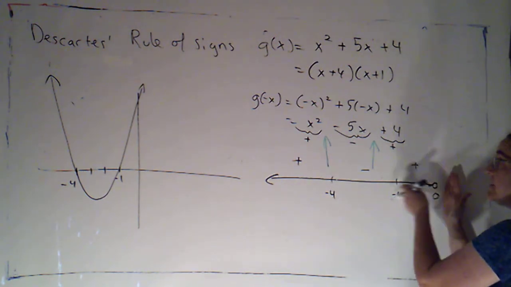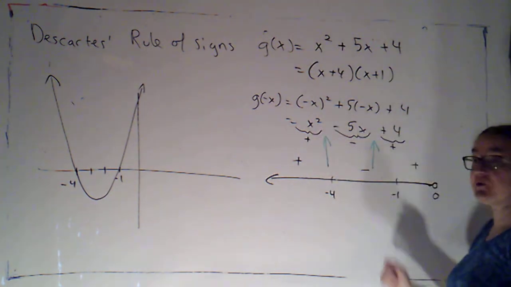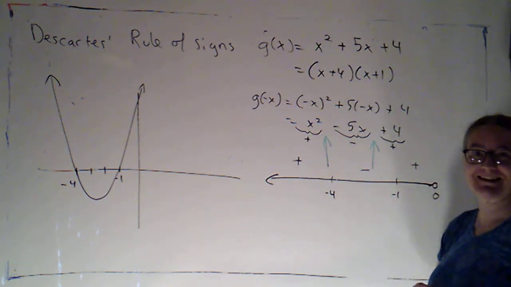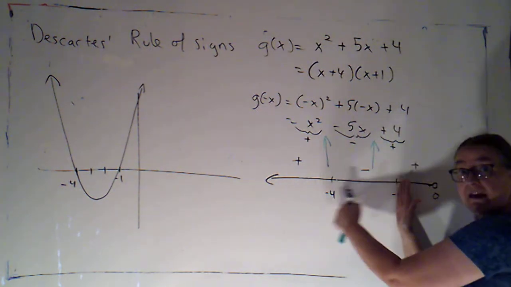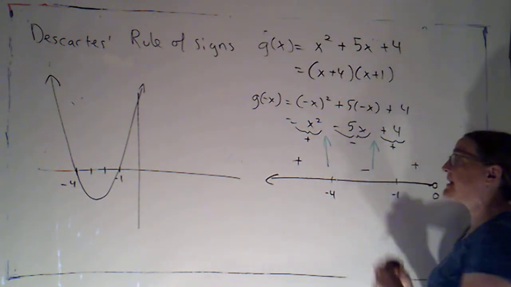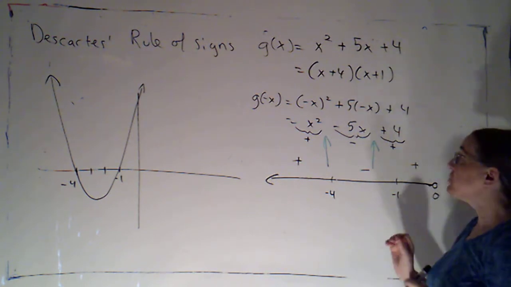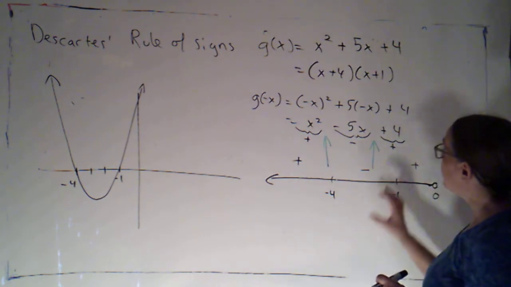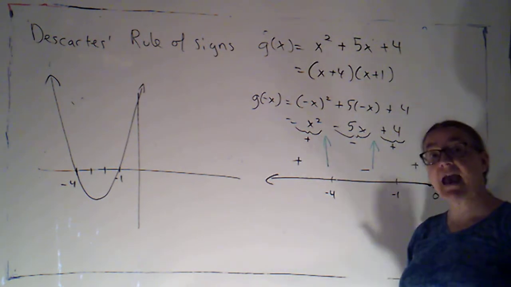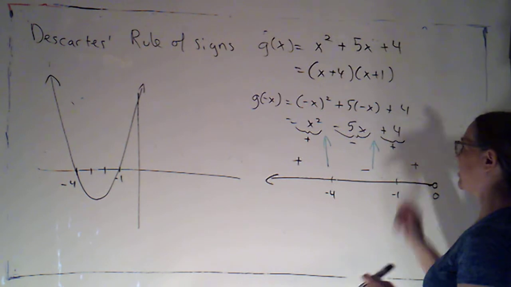I know really close to 0, these guys are going to be super, super small, so the constant term is going to be dictating the sign of the polynomial. And there could be an interval in between where the negative 5x is dominant, and that makes the polynomial negative. So it's entirely possible, as we have here, that the number of negative zeros matches the number of sign changes.